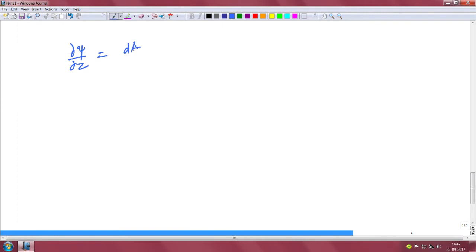We get d psi A by dz multiplied by e power minus i beta A z plus minus i beta A into A into e power minus i beta A z.